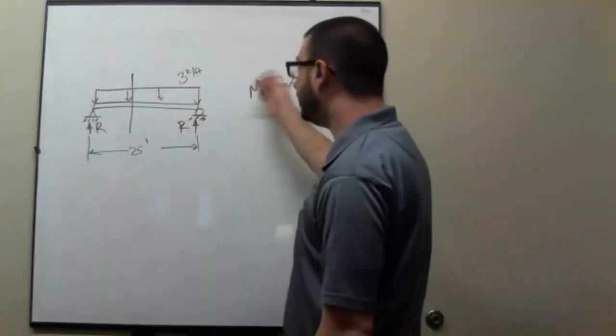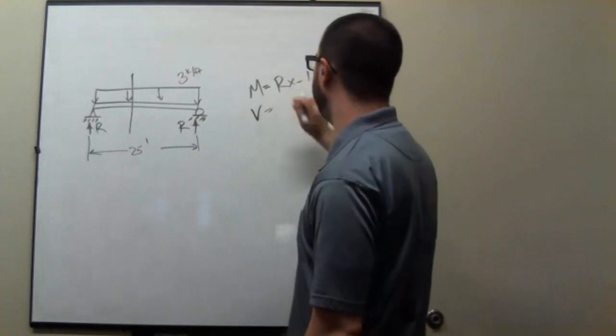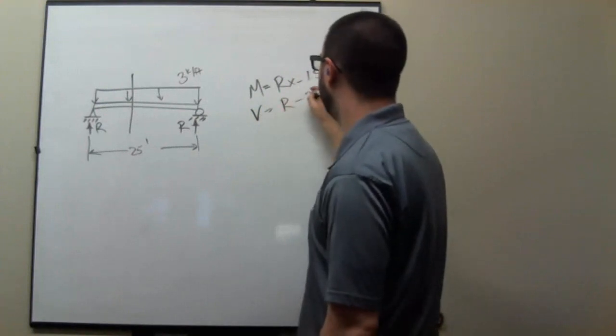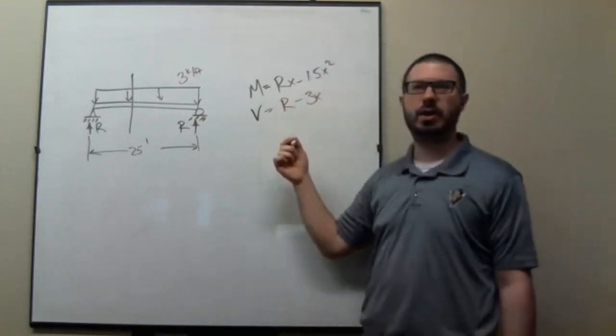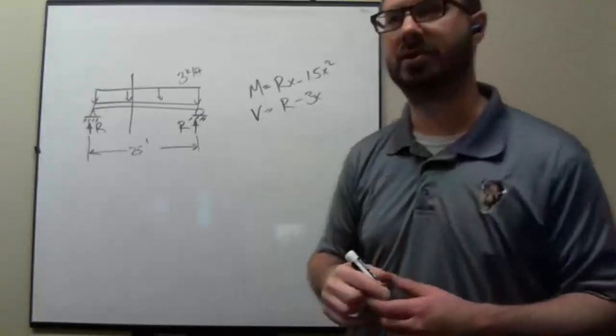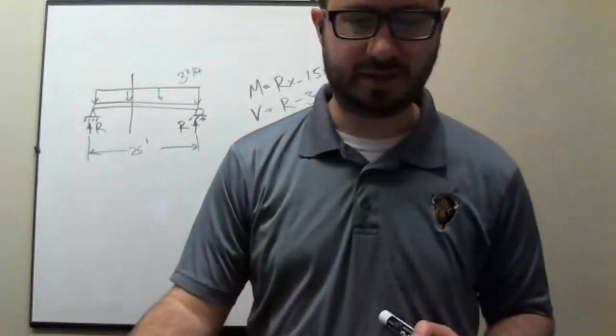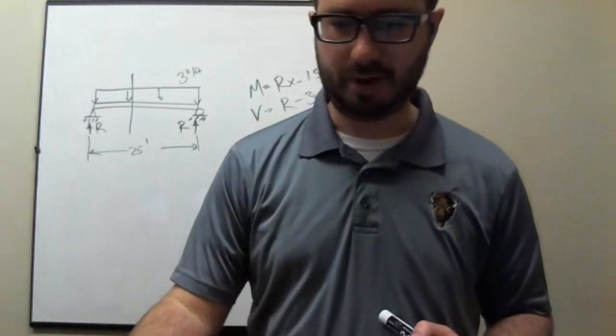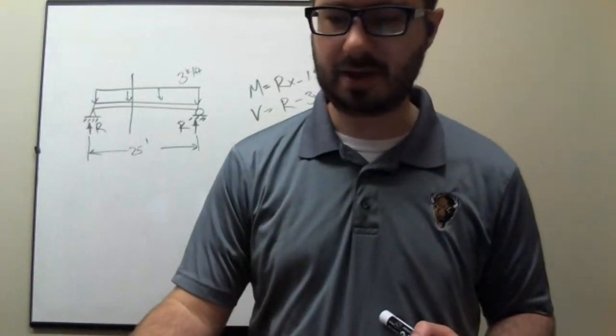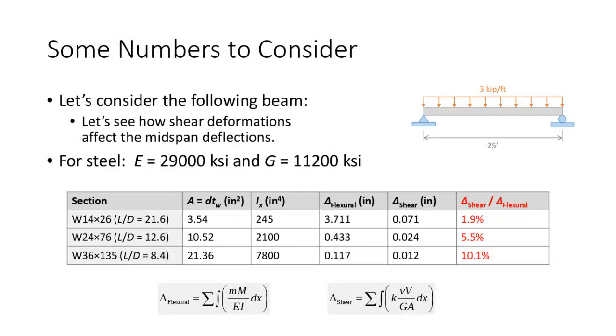And if that's your moment function, for your shear function, you could just take the derivative of that. And you do the same thing for your virtual function. So I've got to believe that you all can determine the deflection of a beam pretty easily at this point. But I want to show you what happens when you start using different shapes.